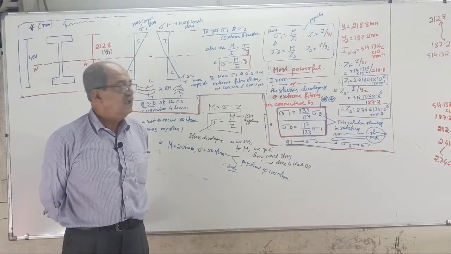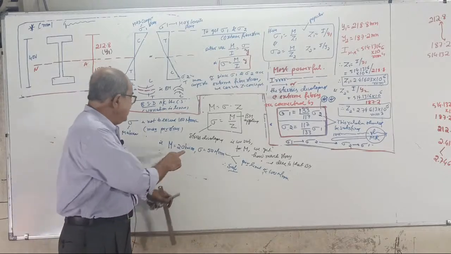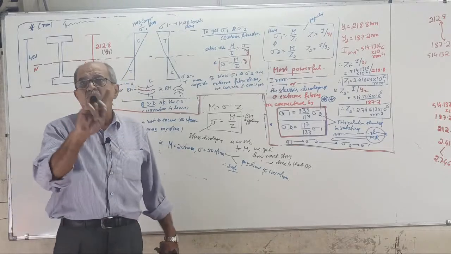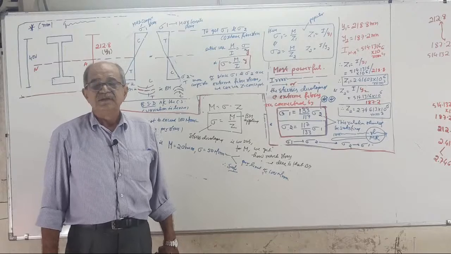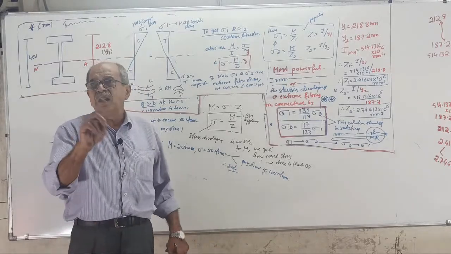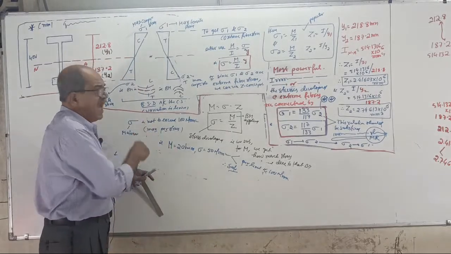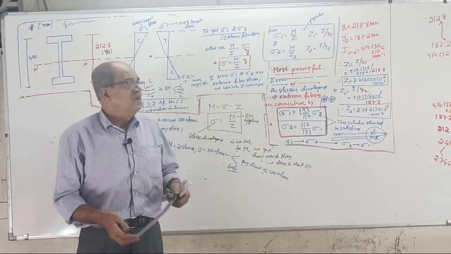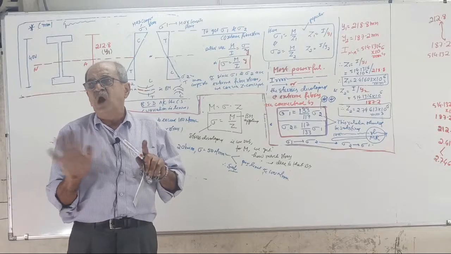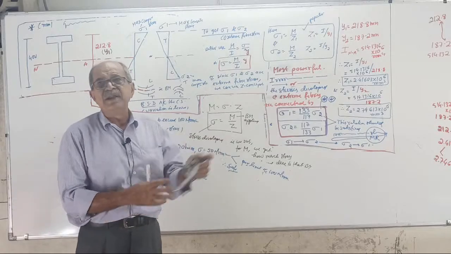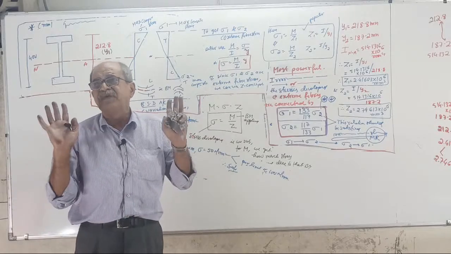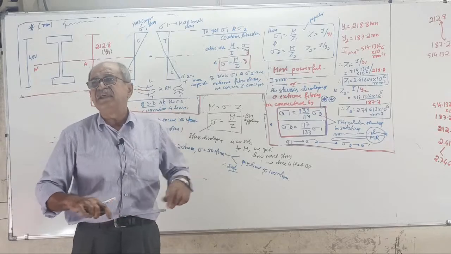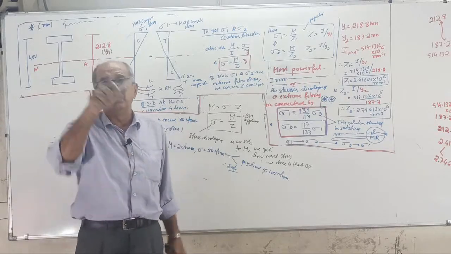But that 20 kN meter is not MR. Why? MR is the maximum BM the section can resist. Therefore, 20 is not MR. It is a bending moment which is safe for the cross section. The cross section can resist it, but it can resist more.